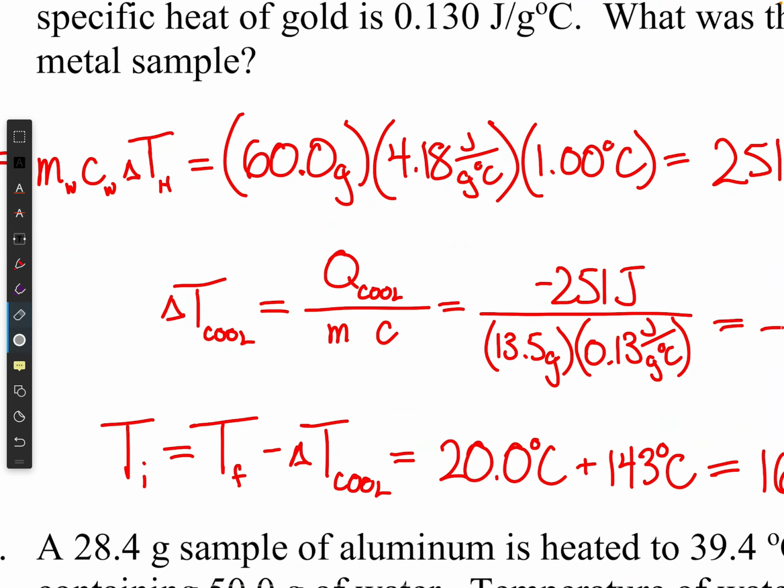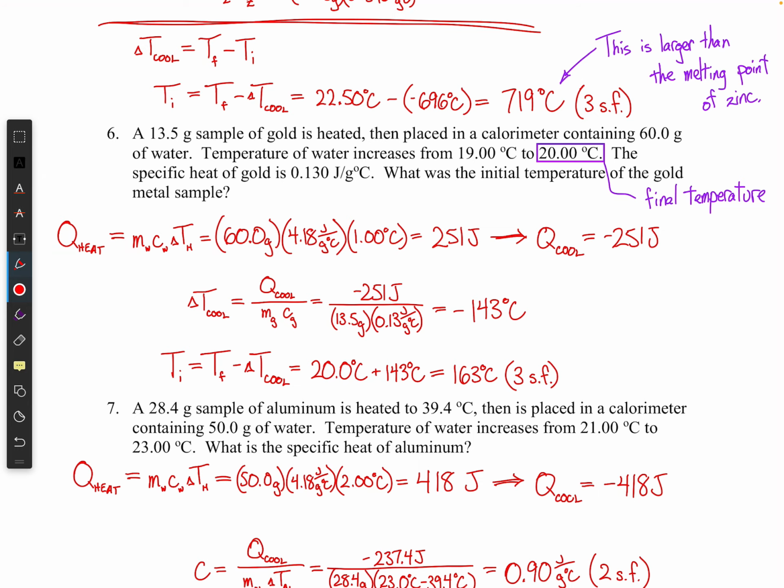That's better. So you go through the same process. Calculate the initial heat, calculate the change in temperature, then add the temperature change to the final temperature of the system, and you will get 163 degrees Celsius. So I'm going to zoom out, and if you would like, you can pause the video and look over the math. If you need to, go ahead.